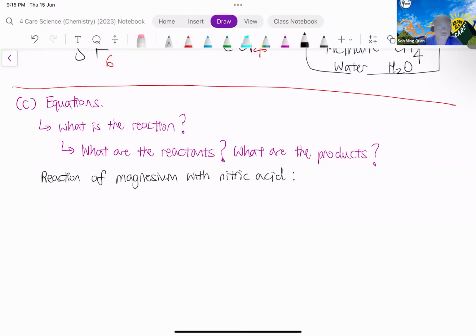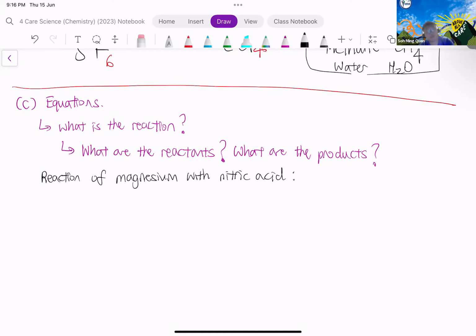This is usually the question, right? 2 marks. Write a balanced chemical equation for the reaction between magnesium and nitric acid. So you need to know what is the reaction, right? And what are the reactants and what products do you form? Okay, and this is where your knowledge of acid reactions comes in.